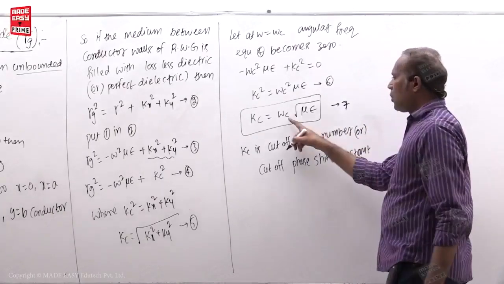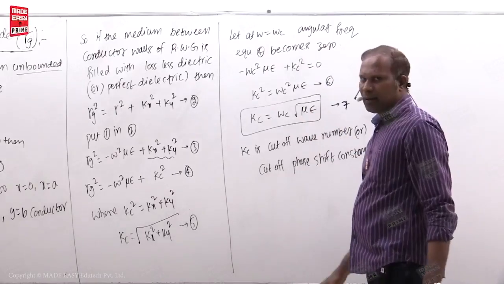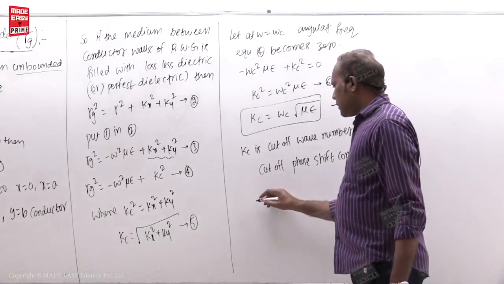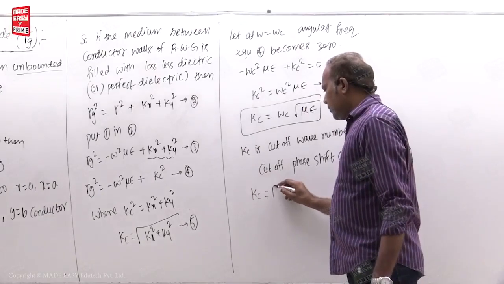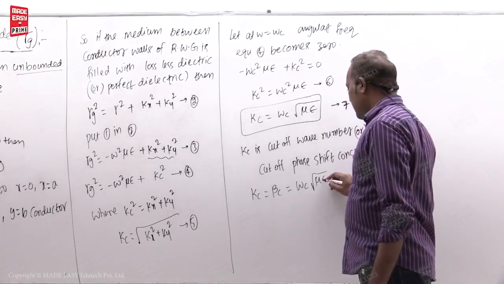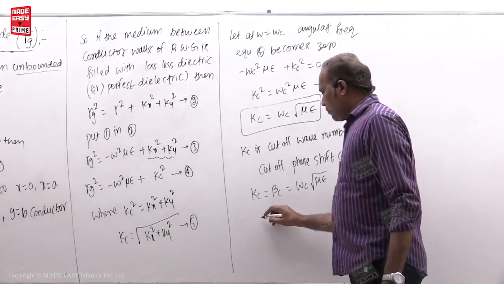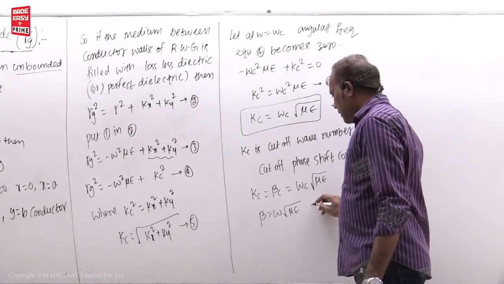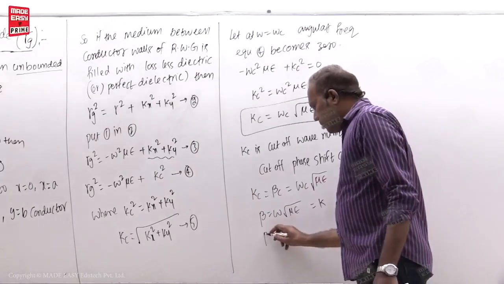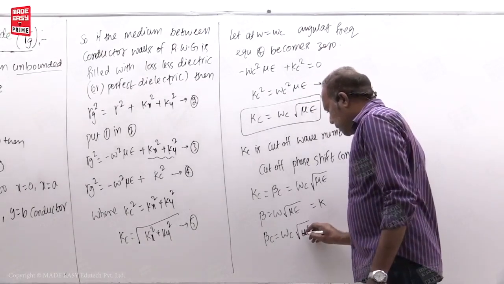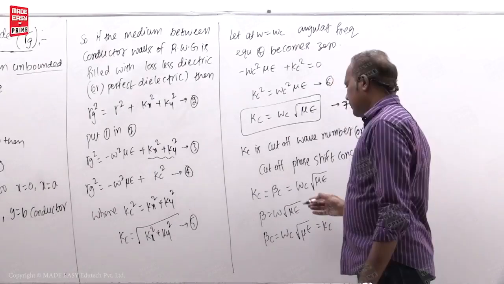Beta is equal to omega root mu epsilon. Beta c means omega c root mu epsilon, that one only. So kc is equal to beta c, that is equal to omega c root mu epsilon. Once again, beta is equal to omega root mu epsilon, that is nothing but k only. Beta c means omega c root mu epsilon, that is called kc.